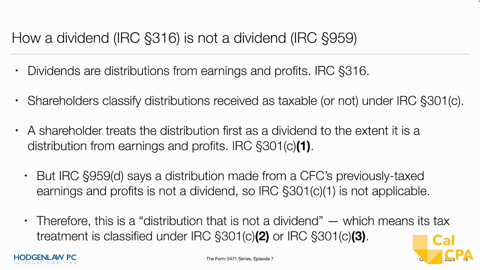Then you go over to section 301(c) and it says when a shareholder gets a distribution from a corporation, any corporation, first treat it as a dividend to the extent it's from earnings and profits, duh. Then, if it's not one of them, you go down to C2, which says it's a return of capital reducing basis to zero, and C3, which says it's capital gain above that.